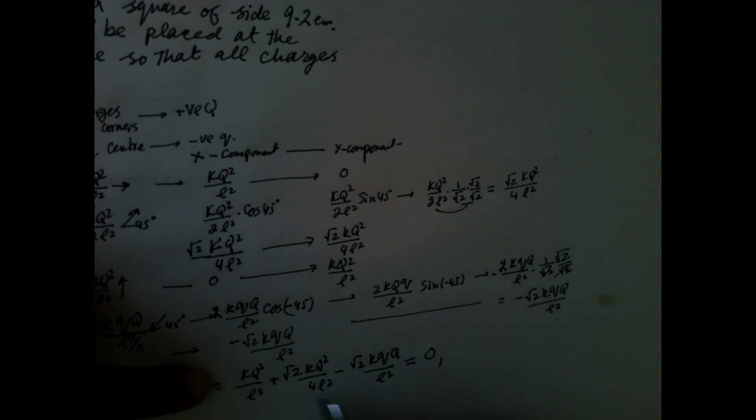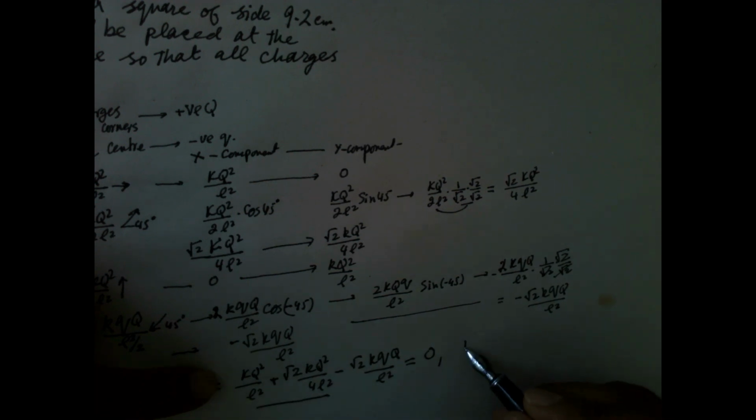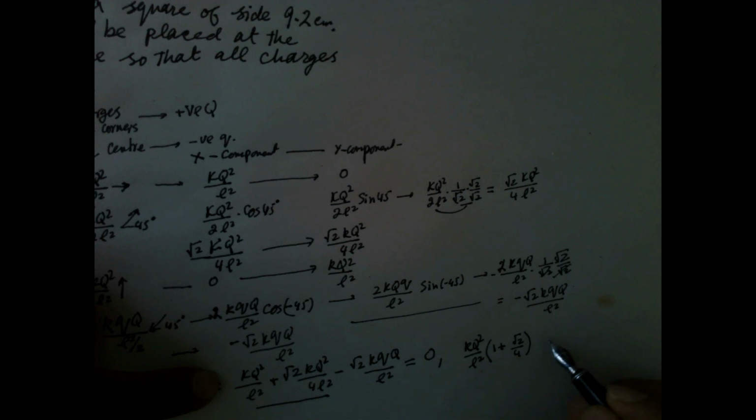In these two, kQ squared over L squared is common, times (1 plus square root 2 by 4). This goes to the other side and is equal to square root 2 kqQ over L squared. L squared cancels, k cancels.